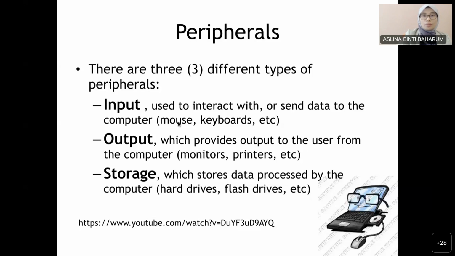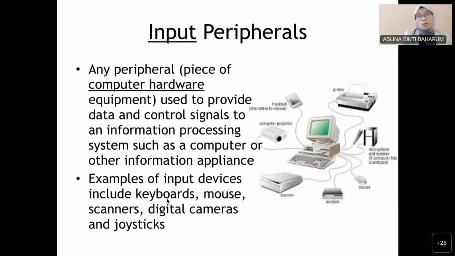Output, which provides output to the users, the display part, monitor, printer. Lastly is the storage, which stores data processed by the computer, which is the hard drive, the flash drive, etc. So let's go through one by one.